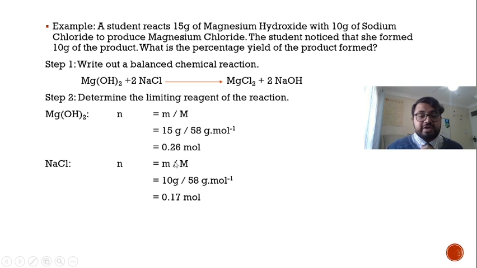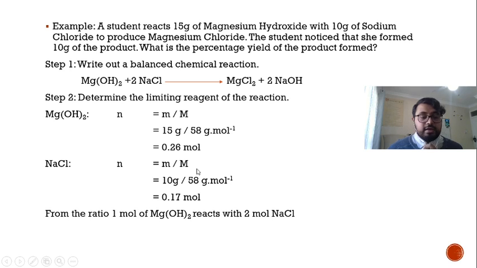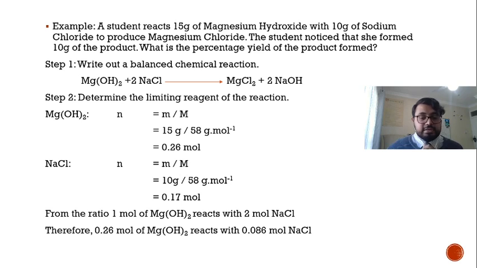Once we divide it, we can see that the number of moles of sodium chloride is less than the number of moles of magnesium hydroxide, which means that the NaCl is going to get finished a lot faster than the magnesium hydroxide, which means that NaCl is our limiting reagent.